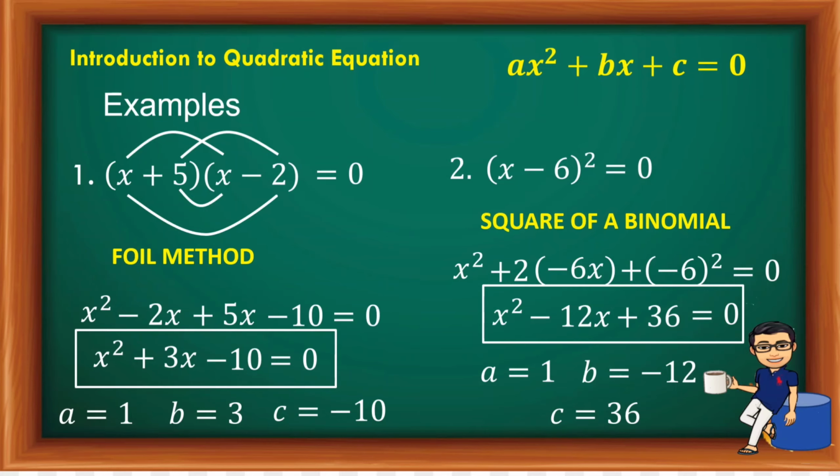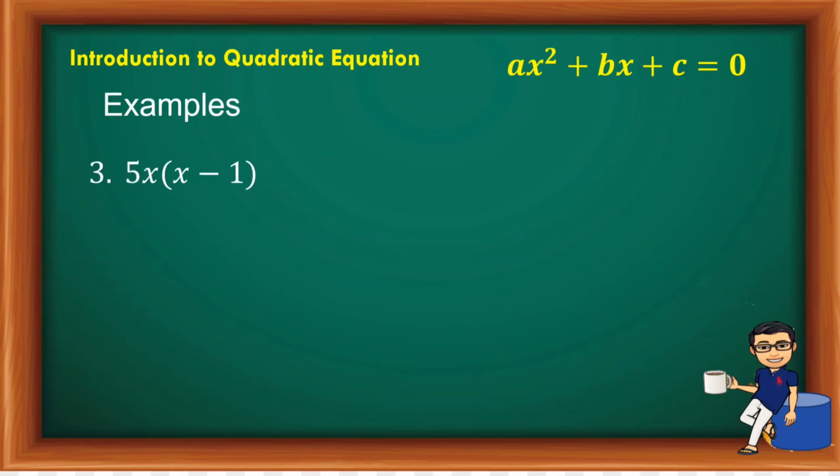Okay, so let's have another one. This time, let's have this example. So 5x times the quantity x minus 1. So this time, ang gagamitin naman natin ay, sorry, nalimutan ko na naman, equate that to 0, distributive property of multiplication. So, sa distributive property of multiplication, yung nasa labas ng parenthesis, ay imumultiply natin dun sa nasa loob, 1 at a time.